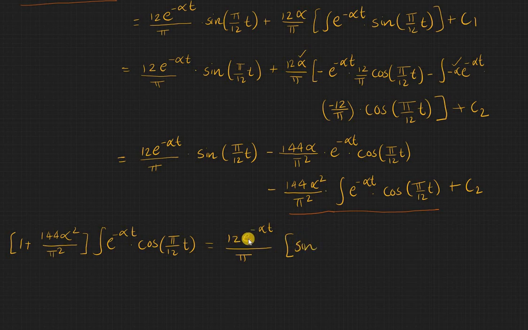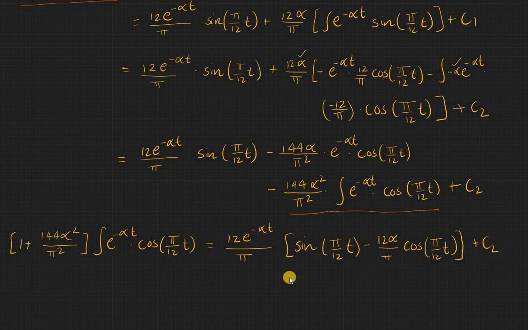We are actually taking this particular term common from these two terms on the right hand side, so we get sine of pi over 12t minus 12 alpha divided by pi, into cos of pi over 12 into t, bracket close, and plus c2.